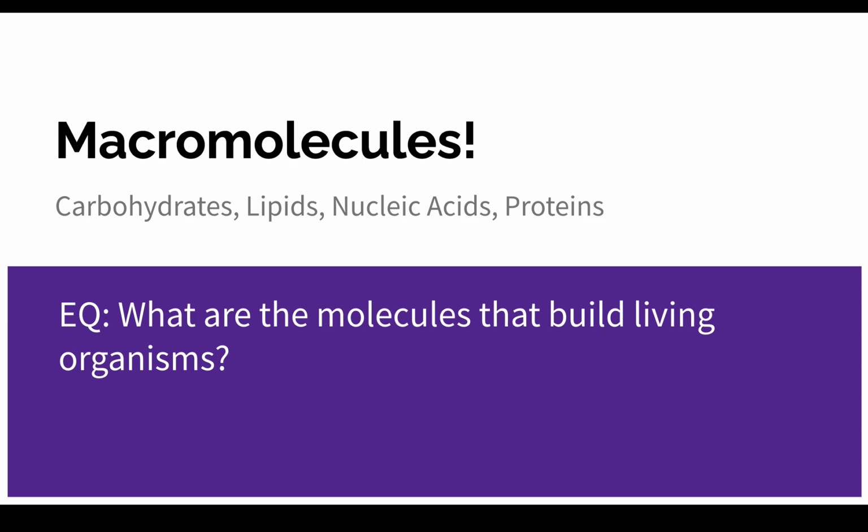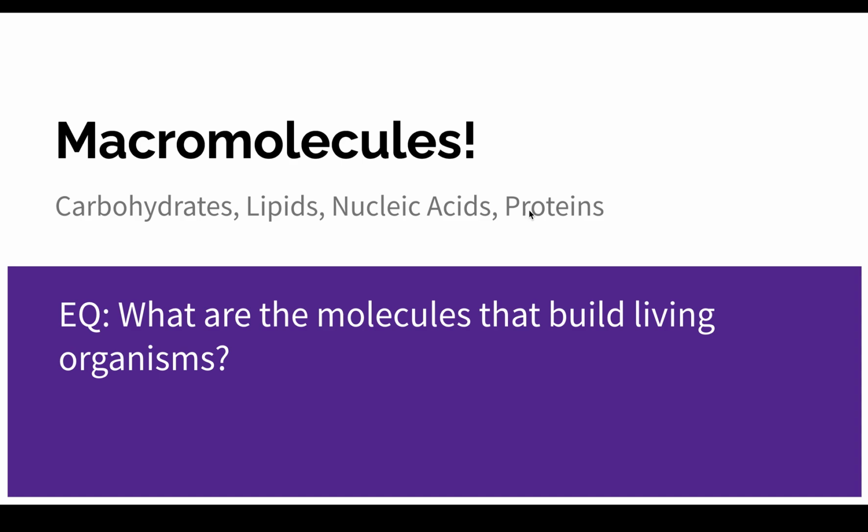So now that we know that, we want to look into what makes living things up. What are the tiny parts that build this organism, such as a human being? And if you look on this screen, there are 4 types of macromolecules: carbohydrates, lipids, nucleic acids, and proteins.